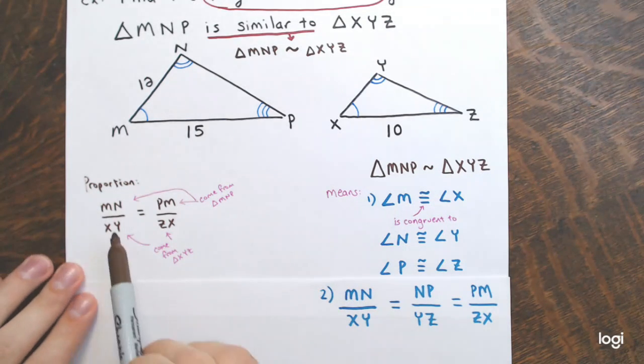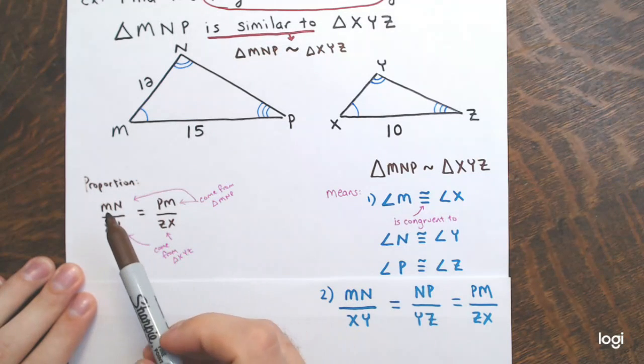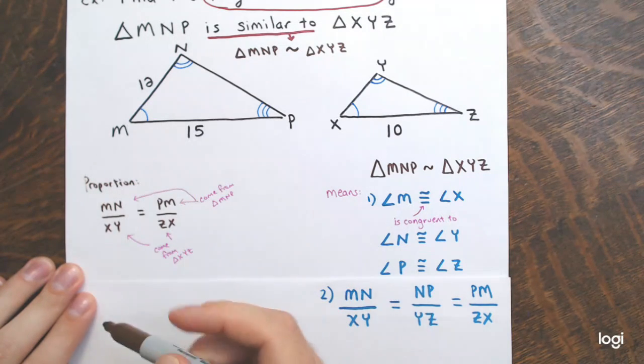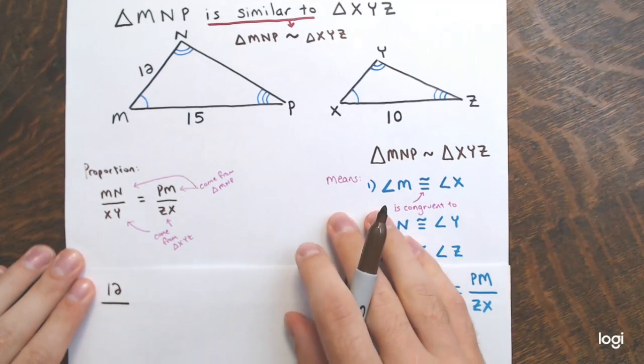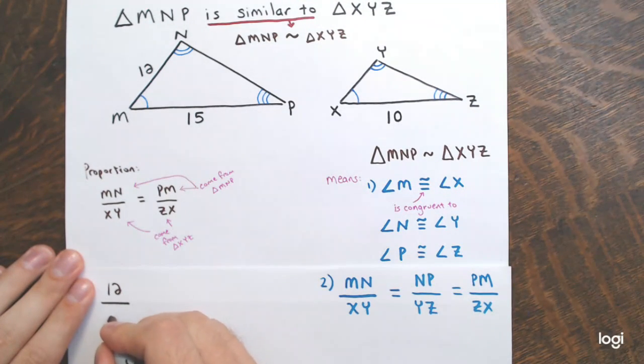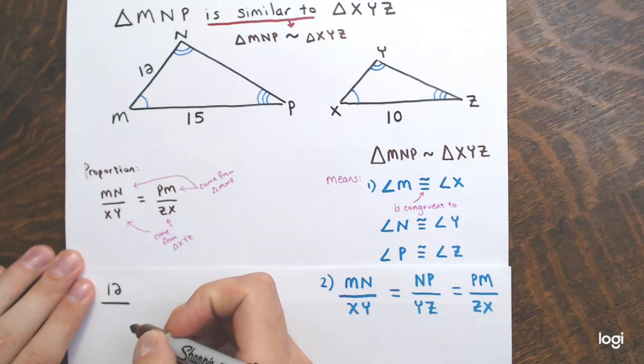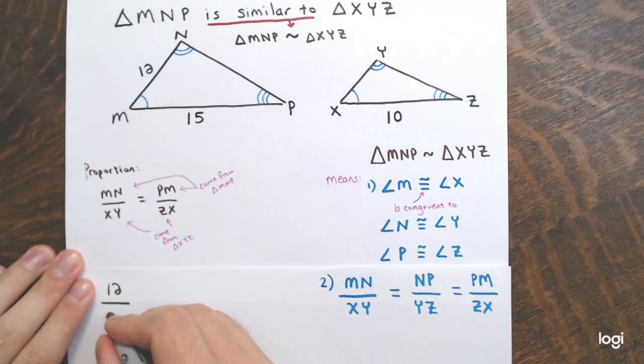Alright, so now I'm going to fill this stuff in. The length of MN is 12 units, so 12 in the numerator, divided by the length of XY. Now again, you can call it a single letter, maybe just L for length, but I'm just going to keep it as XY and know that that's not 2 variables, that's 1 variable.